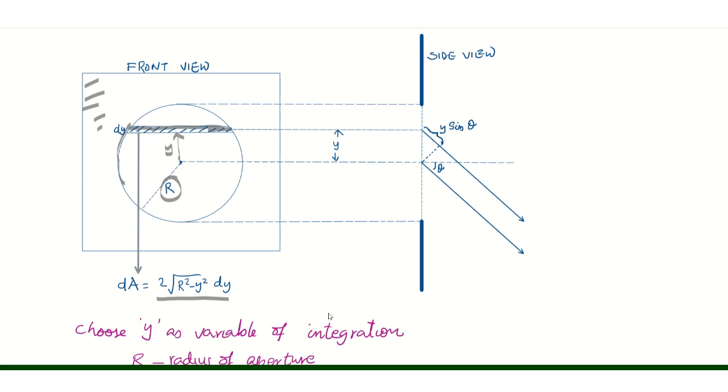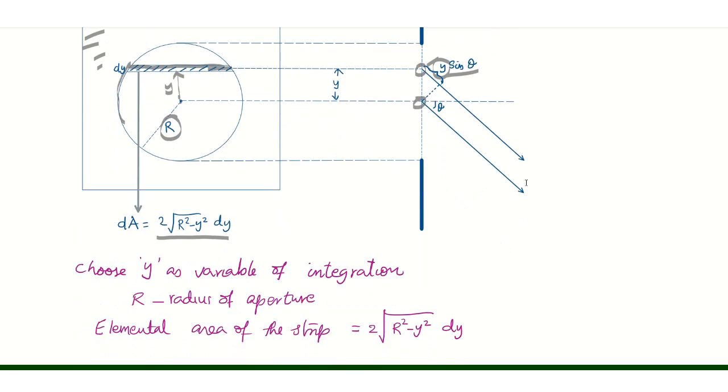And if you look from the side, this is what you will get. This is y sine theta as the path difference between the reference beam and the beam at a distance y from the center of the aperture.